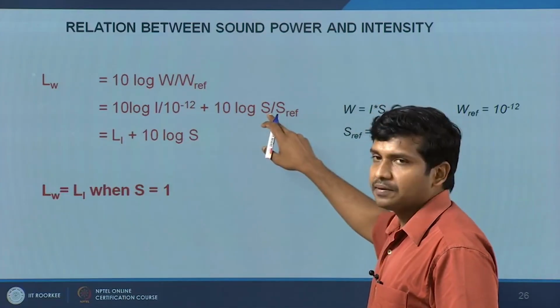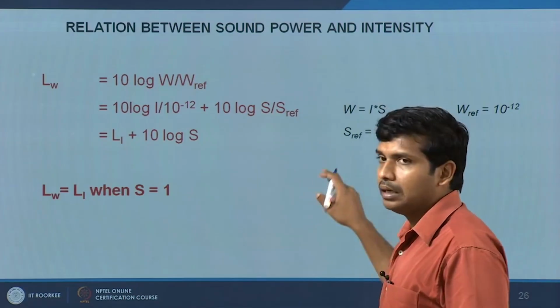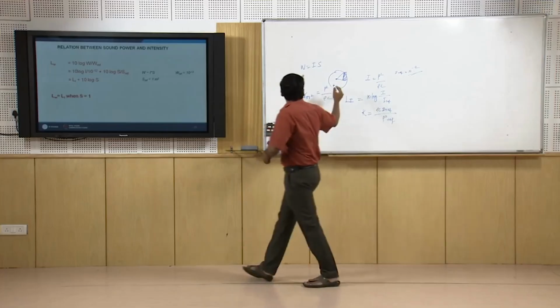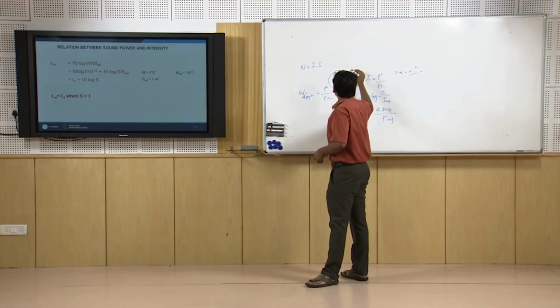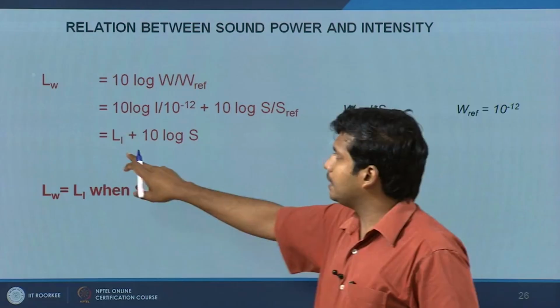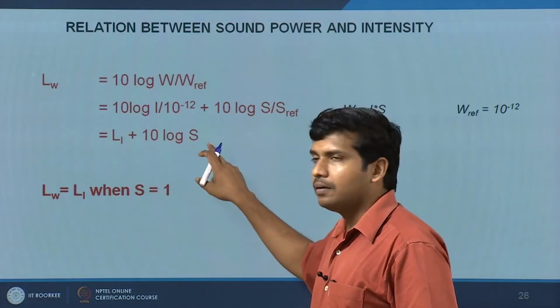So this will be surface area by reference surface area. If you take reference surface area as 1 meter square, typically if you say this particular patch is 1 square meter, then this will be equal to Li, that is sound intensity level plus 10 log of S.